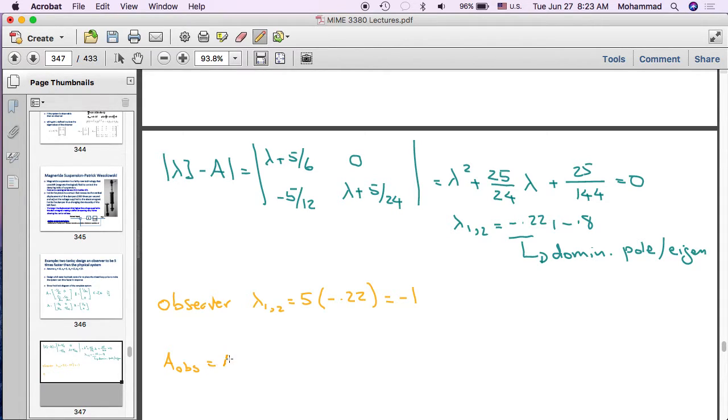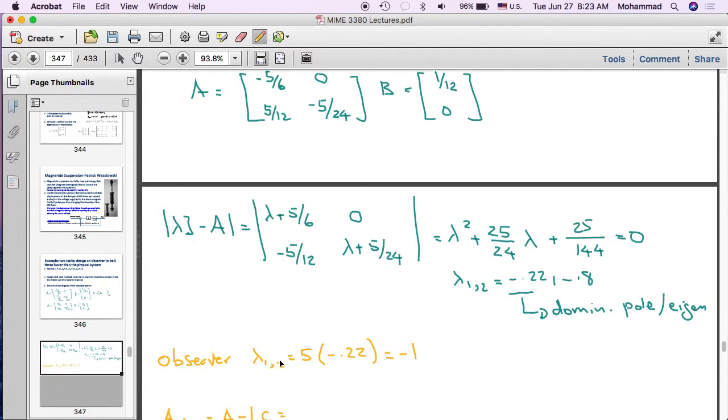So A of observer is equal to A minus L times C. So we have the A matrix here.